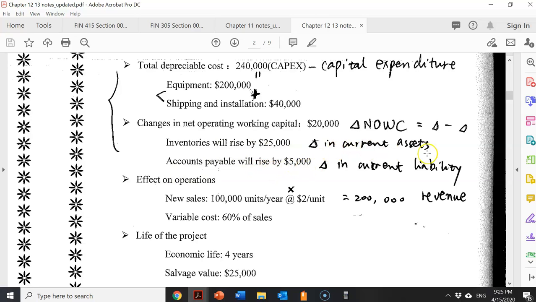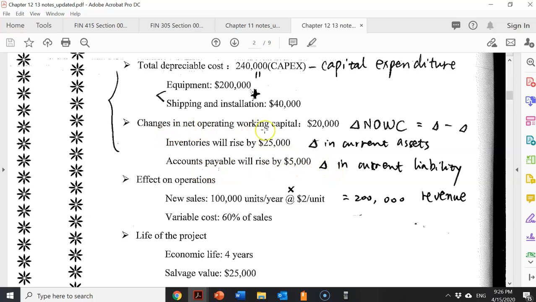So the change in current assets is an increase of 25,000, and the change in current liabilities is 5,000, since accounts payable rise by 5,000. This means we have paid 25,000 for the inventories, and we put 5,000 as accounts payable.